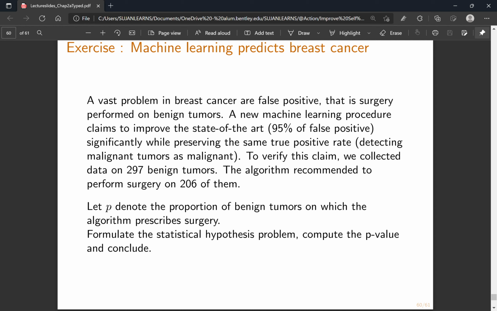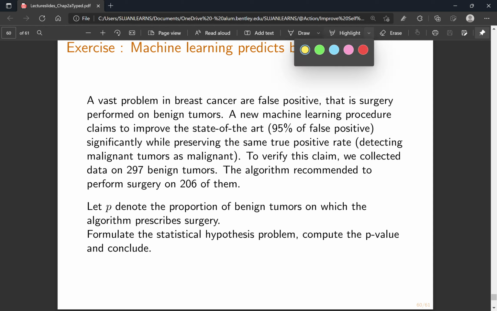That is, the algorithm recommended 206 of them for surgery. Out of 297 benign tumors, there are 206 false positives. Now we need to know the rate of false positives for this algorithm. For this, we need to divide 206 by 297.